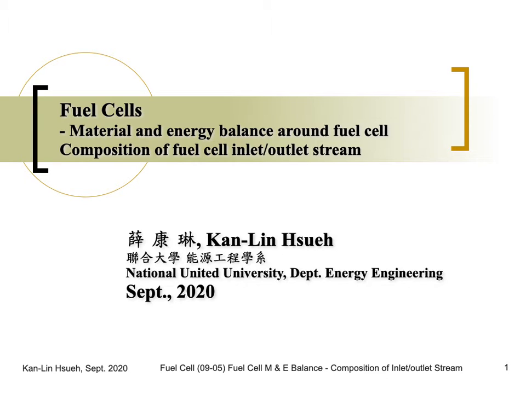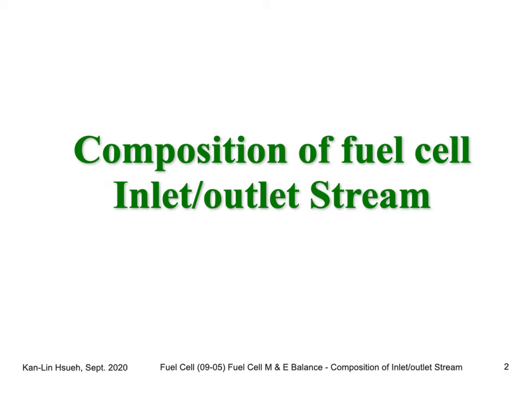In the previous section, we used pure hydrogen, but in this section we assume it's not pure hydrogen. A natural gas input goes through the reformer and generates hydrogen-rich gas. Then can we calculate the composition of each stream? It's a little bit more complicated situation.